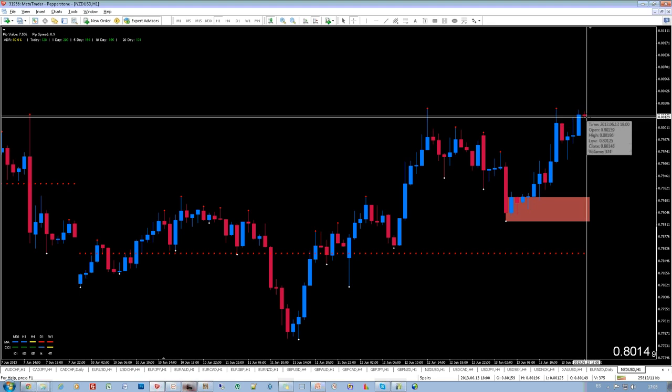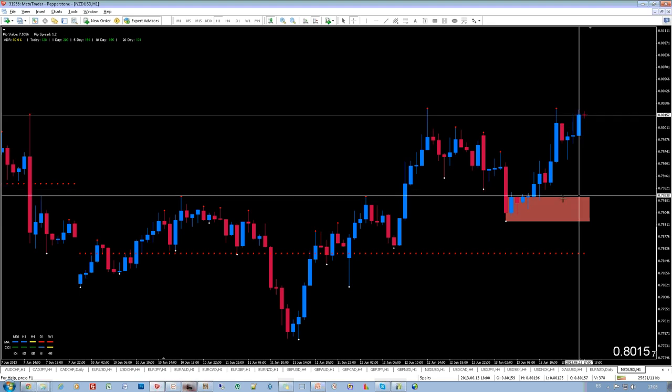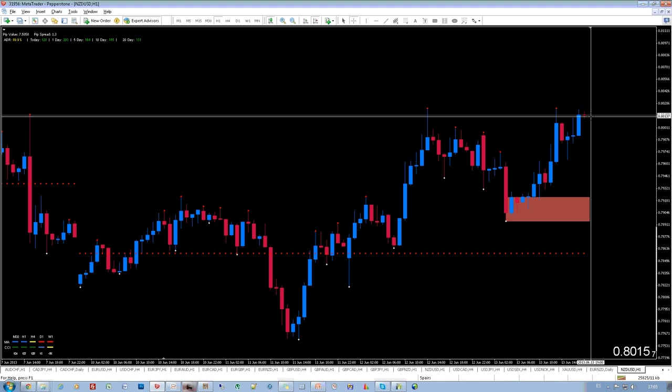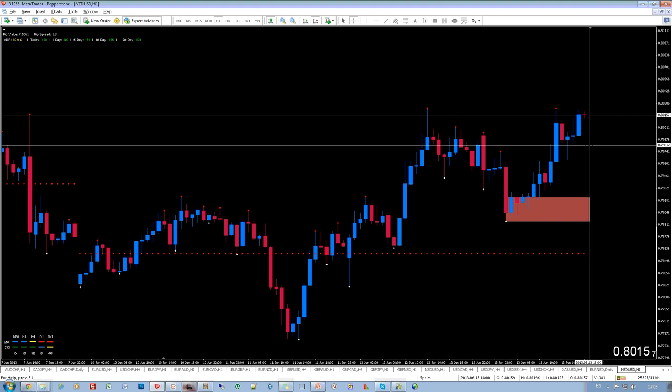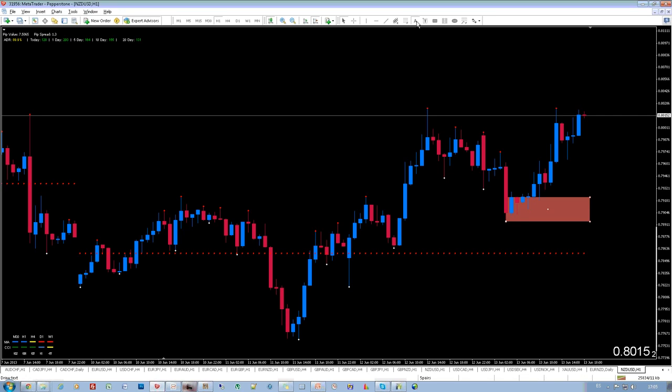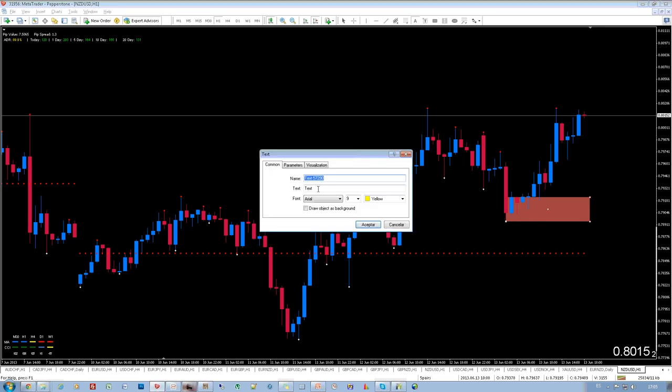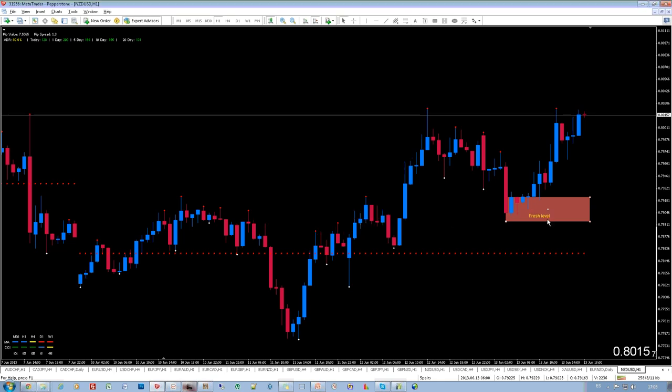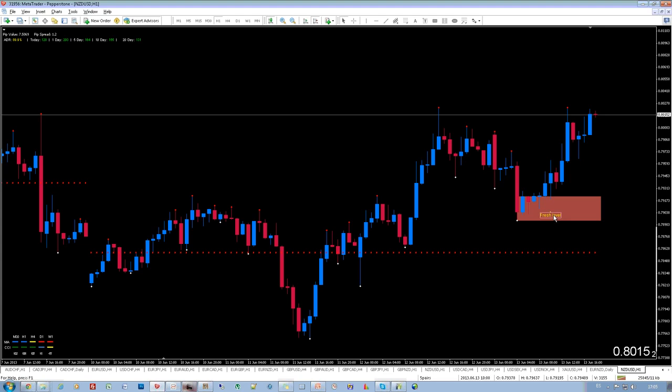Has price hit the level after it was formed? No, it hasn't. So this is a fresh level, because price hasn't pulled back into it yet.